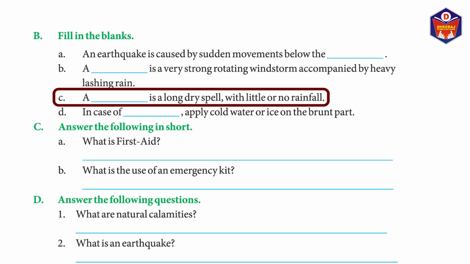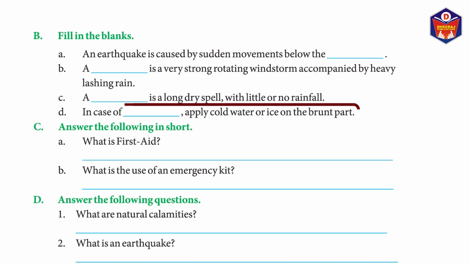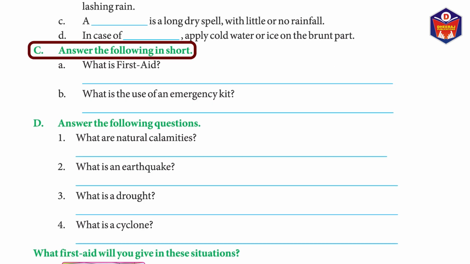C. A dash is a long dry spell with little or no rainfall. Answer: drought. D. In case of dash, apply cold water or ice on the burnt part. Answer: major burns. C. Answer the following in short.